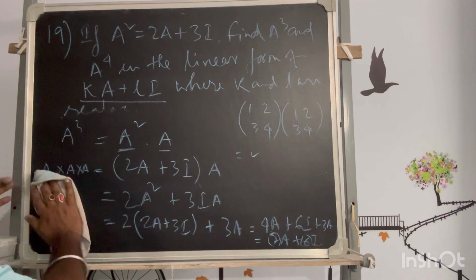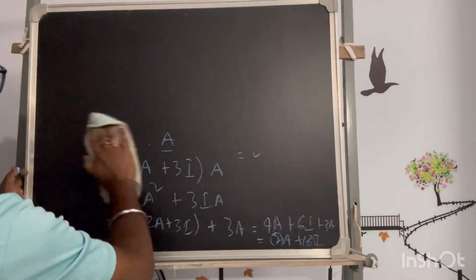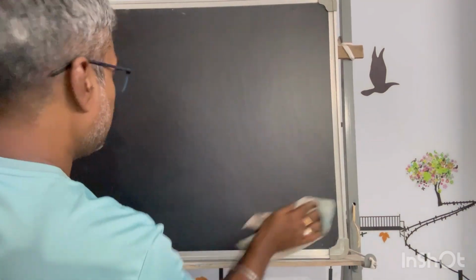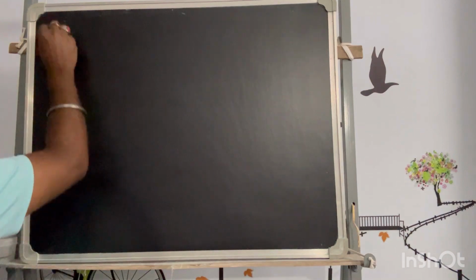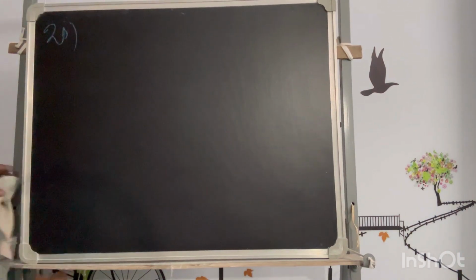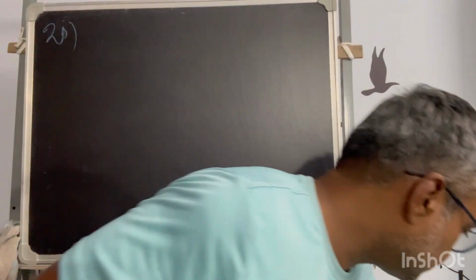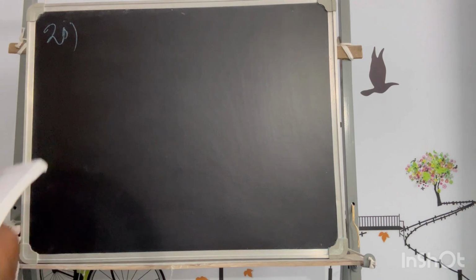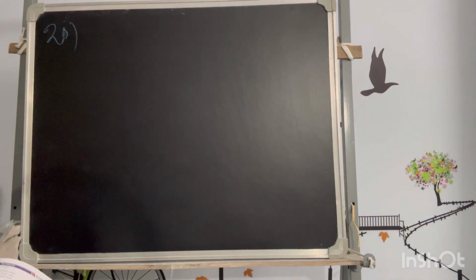Okay. So the next problem I will bring is number 20. Multiplication identity of a matrix.